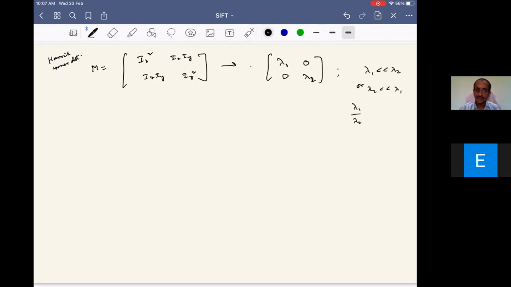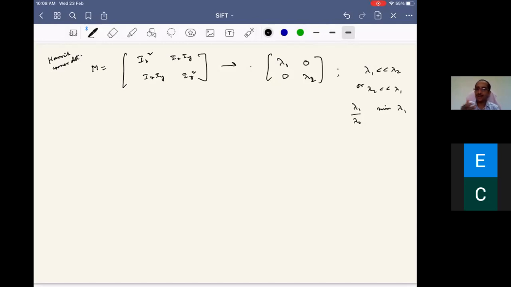Is it not? Because what do lambda 1 and lambda 2 characterize? Why are we discussing lambda 1 and lambda 2 for characterizing edges? They characterize the variance of the intensity distribution in two different, orthogonal directions, one in the maximum and one in the minimum direction.